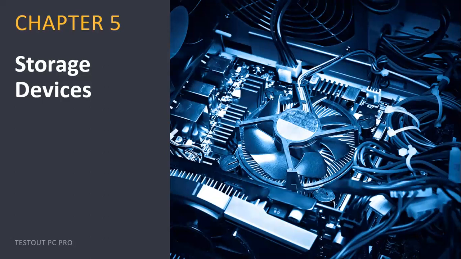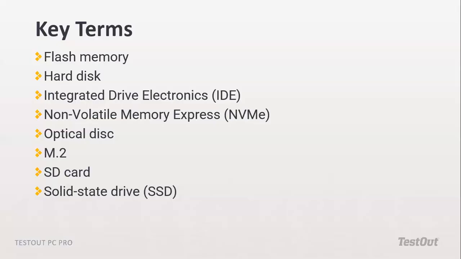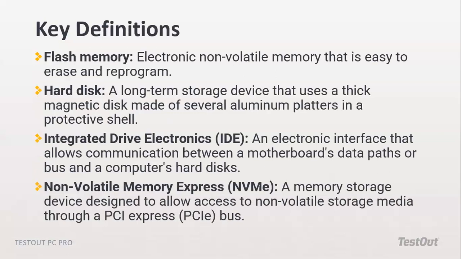So we're going to begin right away. We begin with chapter 5, 1.1, and we're going to be talking about storage devices. Some of the key terms that we're going to look at within this module are flash memory, hard disk, integrated drive electronics, non-volatile memory express, optical disk, M.2, SD card, solid state, and the solid state drive.